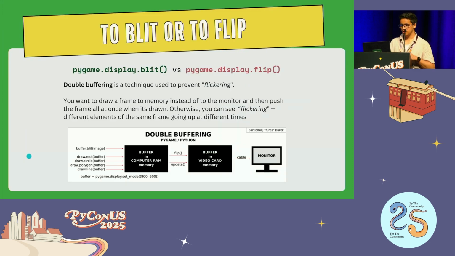So, to blit or to flip: blit draws images, text, shapes, or back buffers, which in short is a temporary memory you have, and you don't have to update the screen, but you want to make some temporary changes on top of it. Then you have the flip or the update function, which completely changes that scenario. It swaps your back buffer with the front one, so it's in the queue. There's a back one that comes up on top of the previous one and covers it up.